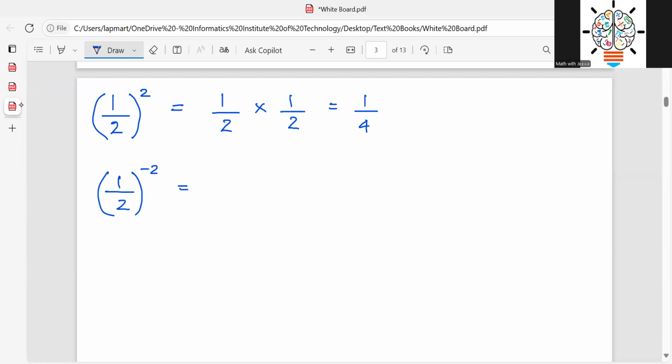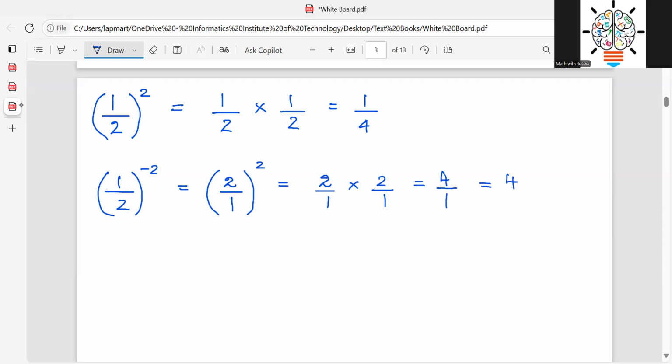It is negative, so I can't do anything yet. I want to get the reciprocal of the base value. What is the reciprocal? Here it is 2 over 1. Now this negative 2 becomes positive 2. What does this mean now? 2 over 1 multiplied by 2 over 1 equals 4 over 1, which equals 4.